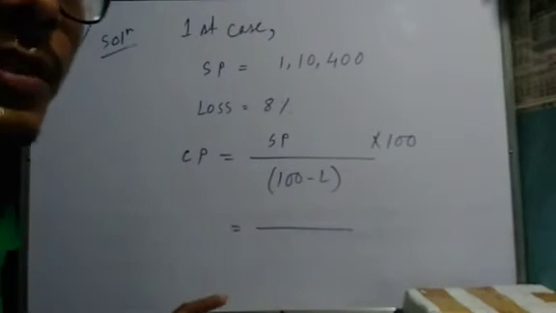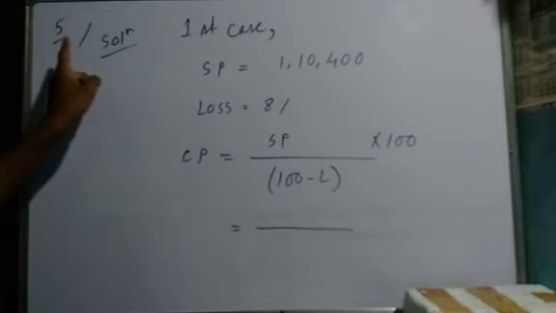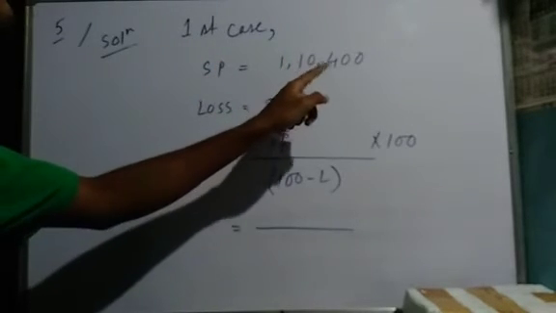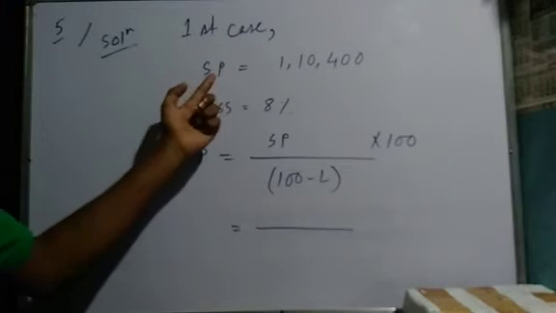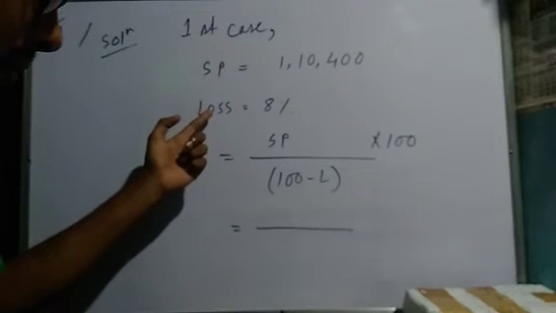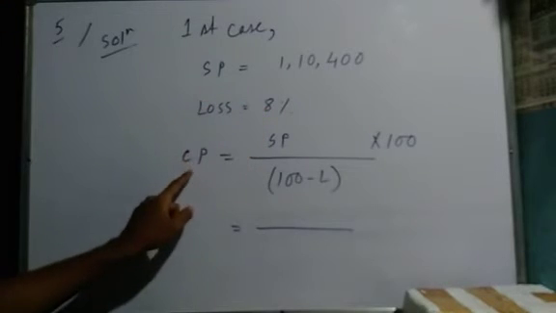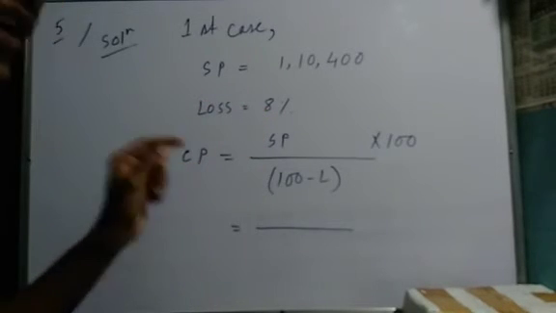Now I will do question number 5. Question number 5 and question number 1 are the same. SP is given as 1,10,400, and after selling at this price, Sagar lost 8%. So first you calculate the cost price, that means the original price of the car.